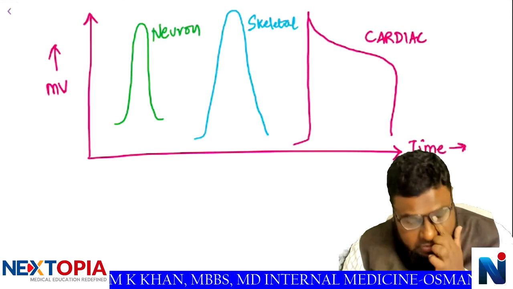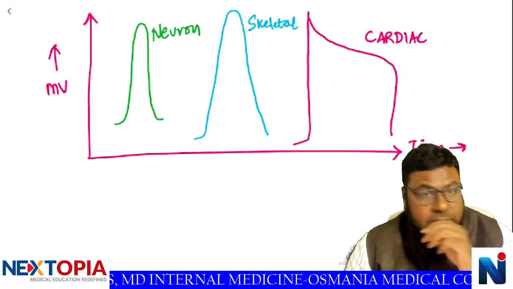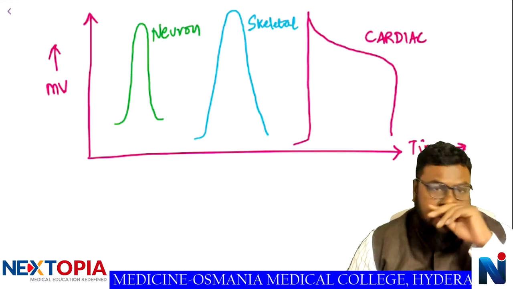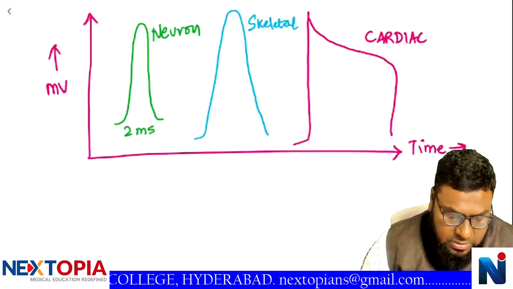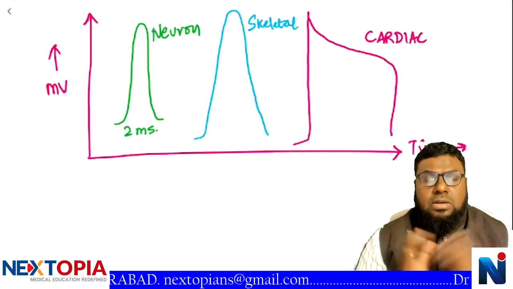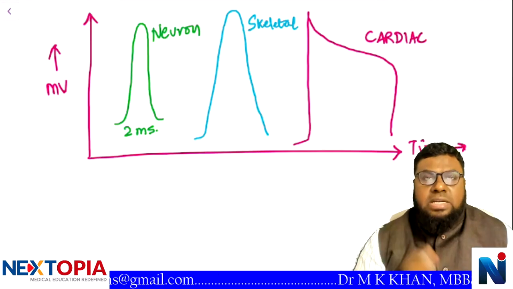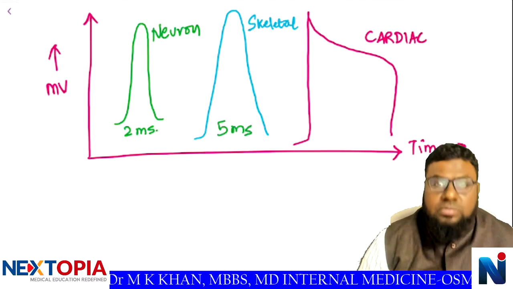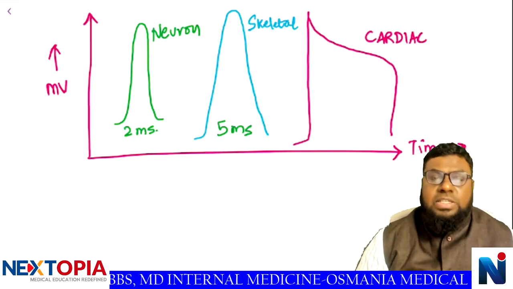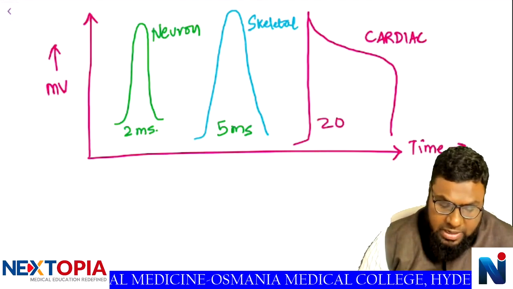What is the difference that you see here? The difference is based on the potential and also the time. Here it is close to 2 milliseconds wide. This is close to 5 milliseconds. Whereas the cardiac action potential is 200 milliseconds.